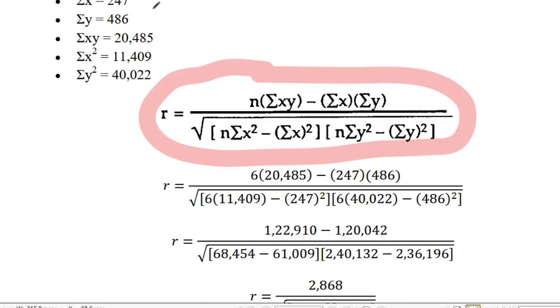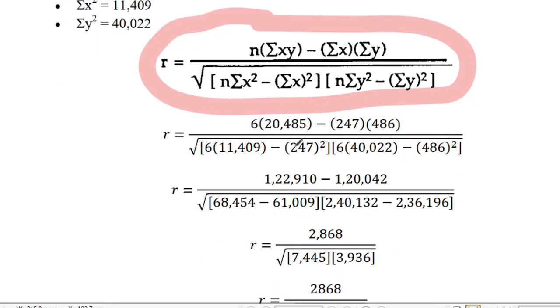R equal to n, 6, sigma xy 20,485 minus sigma x 247 into sigma y 486, whole divided by square root of n means 6, sigma x square value 11,409 minus sigma x whole square, that means 247 whole square, into n means 6, sigma y square, that means 40,022 minus sigma y whole square 486 whole square.